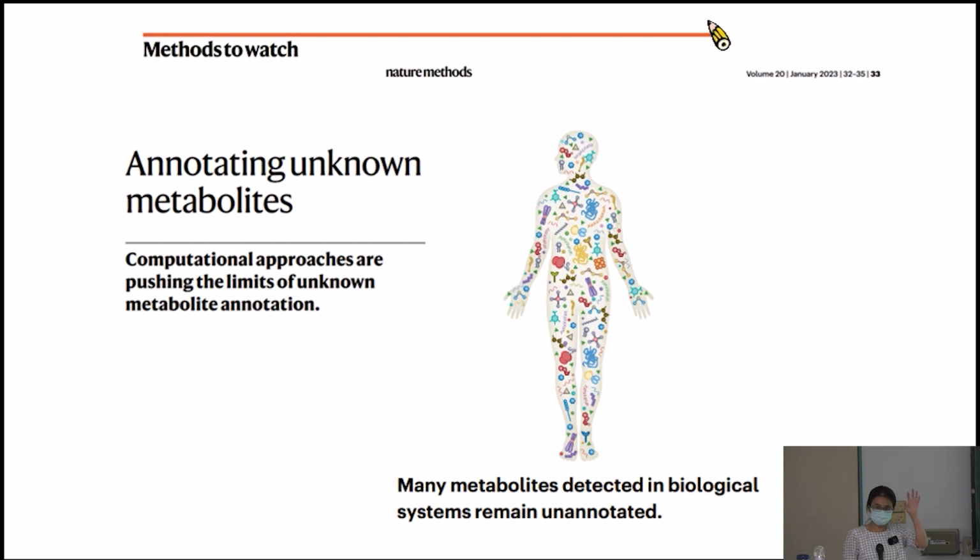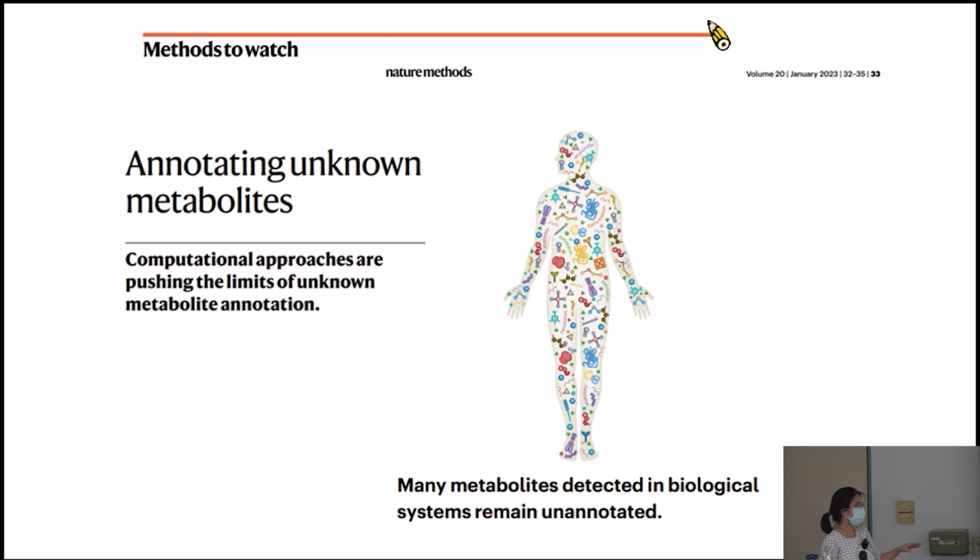In the first section, we already learned multiple approaches that could be used to determine metabolites, but there is still a long way to go with standard references for identifying our unknown samples. So the method to watch in this section talks about how to use the computational approach, because it can push the limit of unknown metabolite annotation.